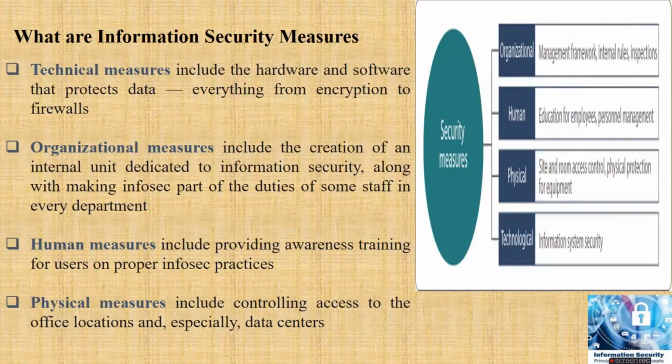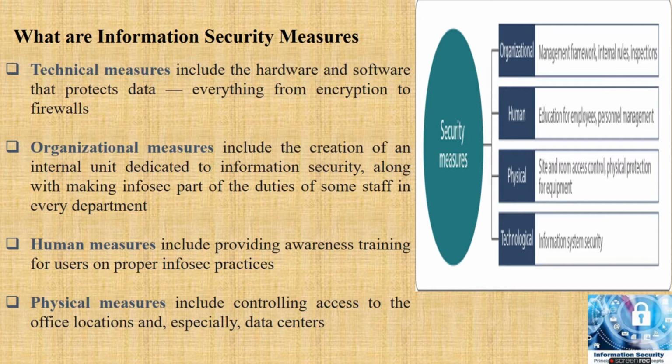Now we will move to another point, which is the information security measures that should be applied to ensure your information security. The first measure that you should apply is the technical measures, which include the hardware or software that protects your data, for example, using encryption or firewalls that filter the traffic and protect you against any malicious traffic that might cause security breaches or any data or information disclosures.